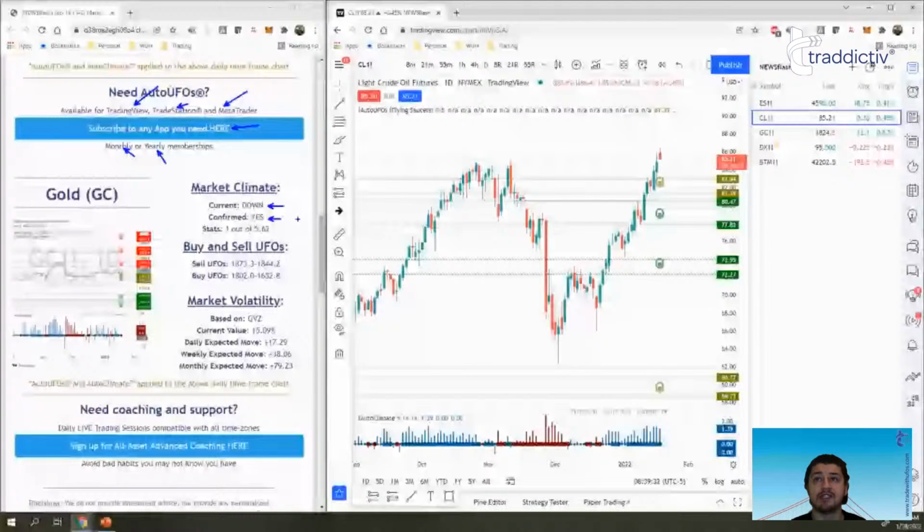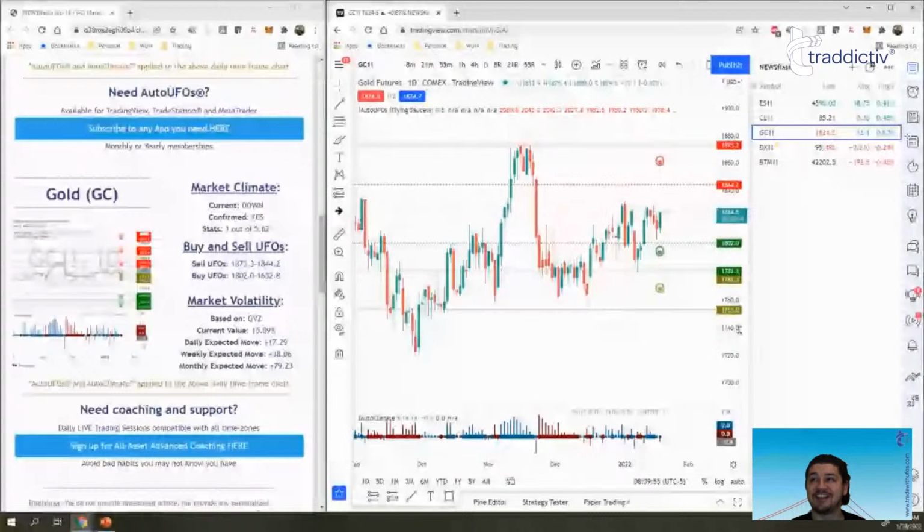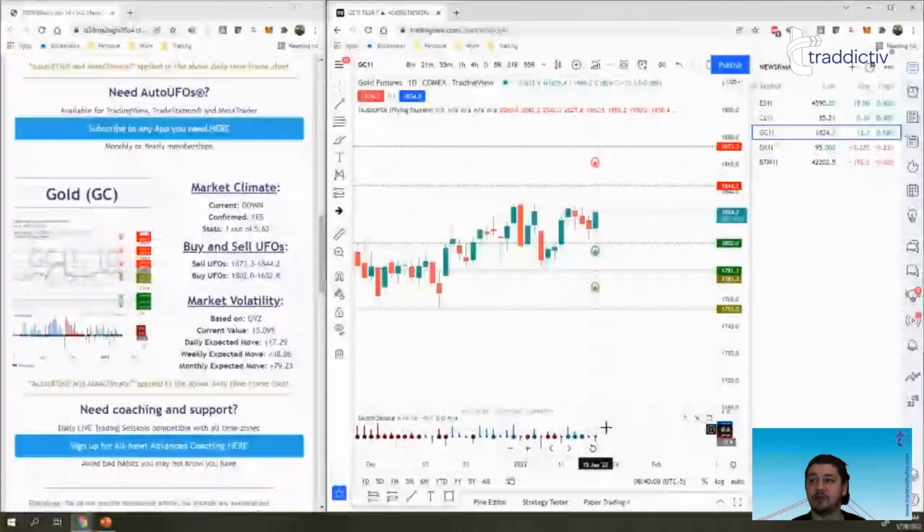Current market climate is down. It is confirmed, the first one out of typically 7 on gold. Sorry, I forgot that I didn't switch the chart here. It is an unconfirmed climate actually on gold as of right now.